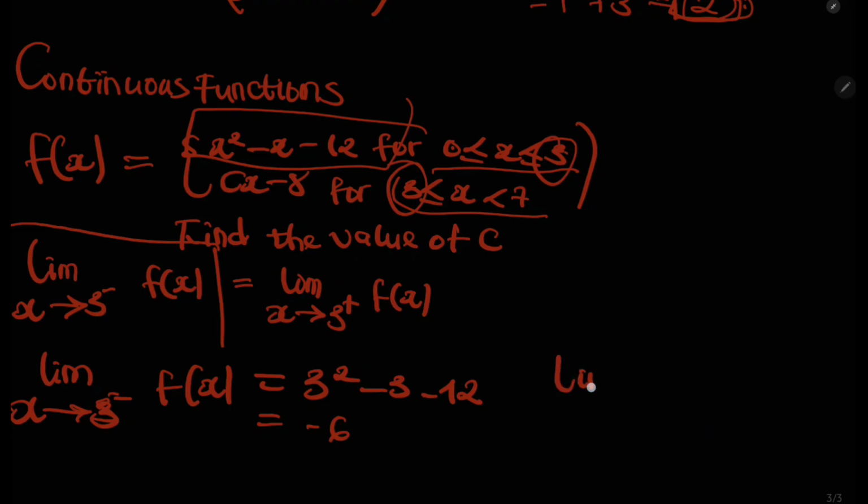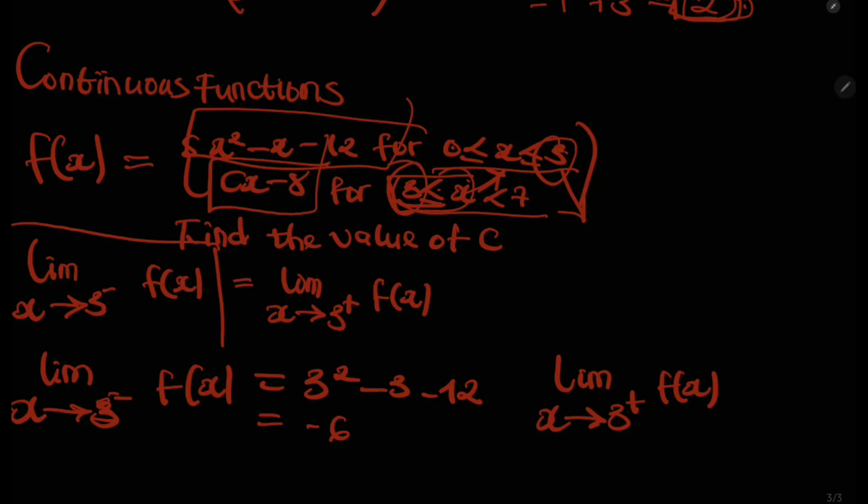So for this one, the limit as x tends to positive 3, here x is going above 3, because we can see clearly that x is greater than or equal to 3. That means x is going above 3, and in the other case x is going below 3. So we are going to substitute 3 in this other formula.